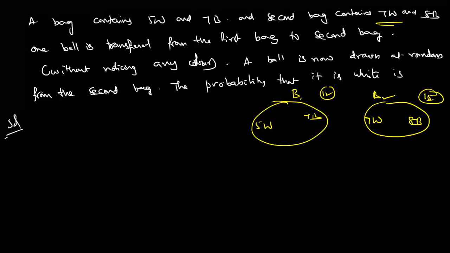What I'm doing here, one ball is drawn from the first bag and kept into second bag. Conditions apply, we are not noticing any color, maybe black or white, anything. Now, one ball is drawn from the second bag. That is the first event happening. Then what is the probability that the ball becomes white? Anyone?